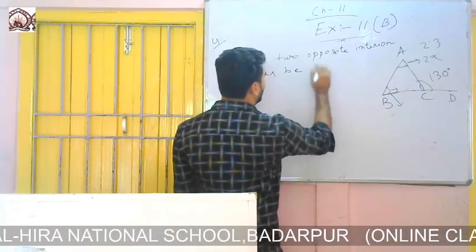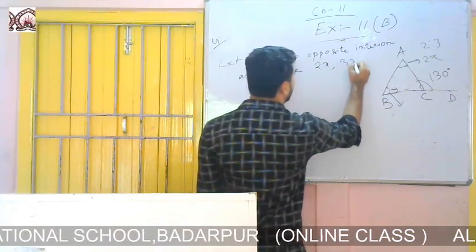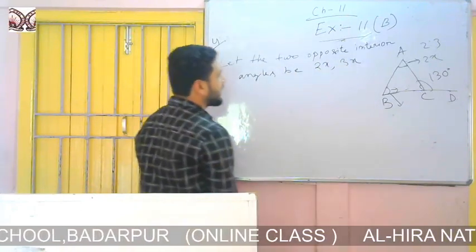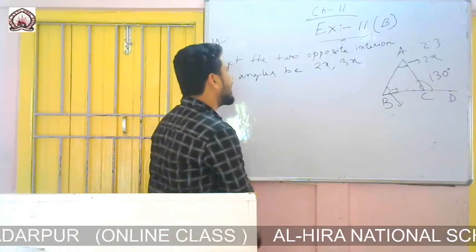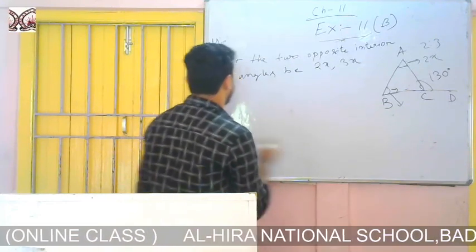Twice x, comma thrice x. Okay, twice x, comma thrice x.